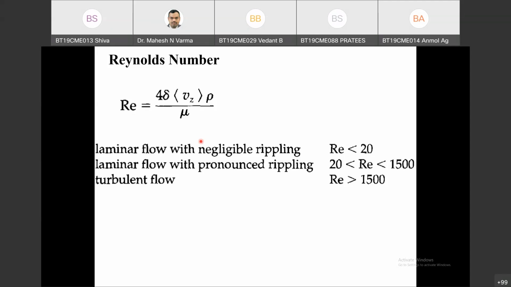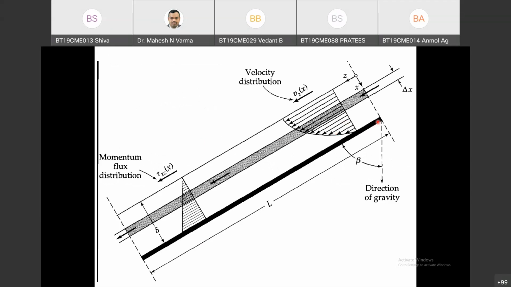But here, this researcher is using 4 into delta as the characteristic length. So altogether it is a different meaning of Reynolds number.